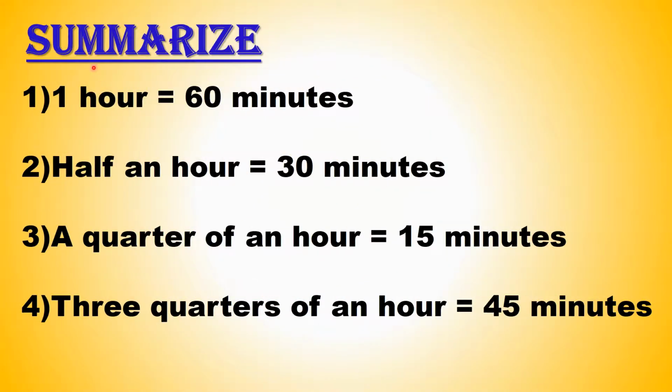Let us summarize what we have learned. First, 1 hour is equal to 60 minutes. Second, half an hour is equal to 30 minutes. Third, a quarter of an hour is equal to 15 minutes. Fourth, 3/4 of an hour is equal to 45 minutes.